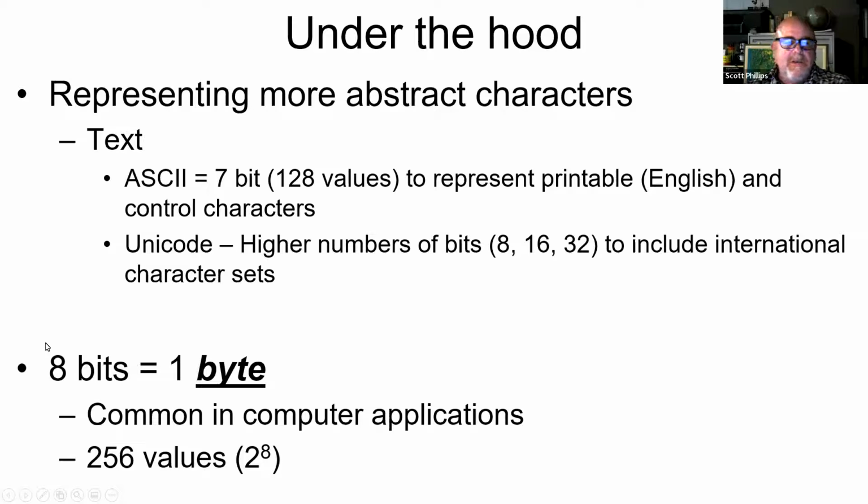And oftentimes, what's very common to use in computer applications is 8 bits, which represents 1 byte. A byte is, so you know how your hard drives have megabytes and gigabytes? That means like 1,000 or a million or a billion bytes, and every byte is 8 bits.